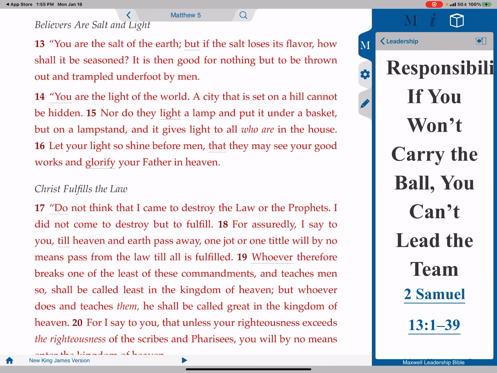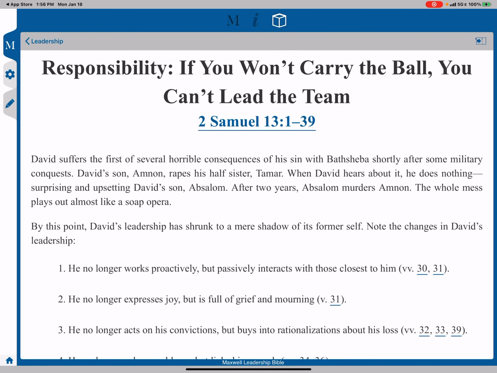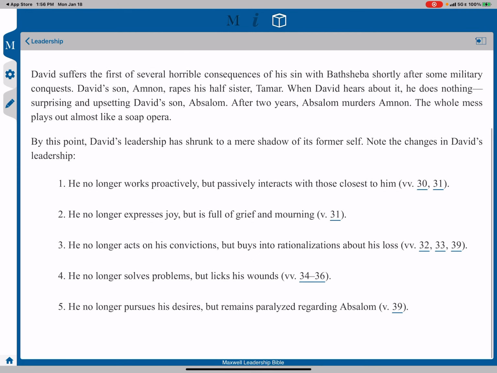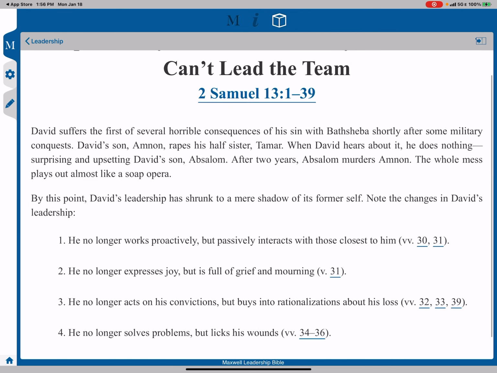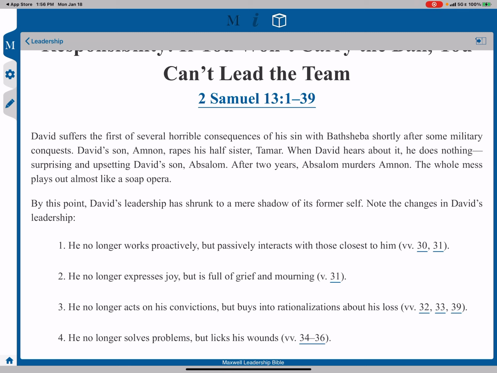Then he has a more contemporary take on 2 Samuel. This time it's from chapter 13, 39 verses. And it's the same. He'll have an introductory remark, and these can be broken down. And then he will give you the discussion points.